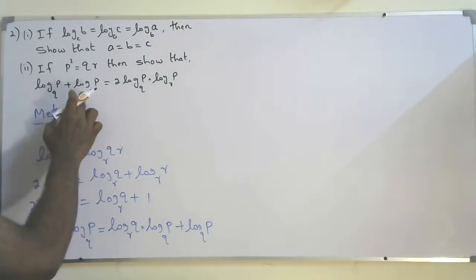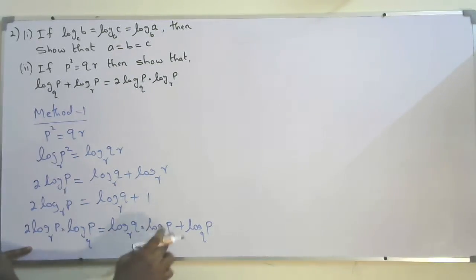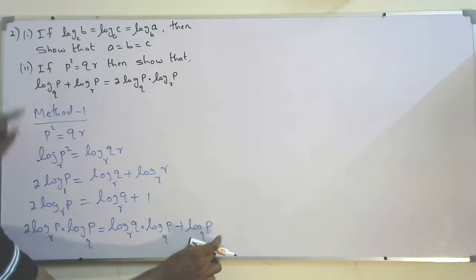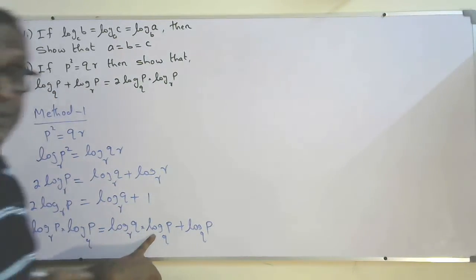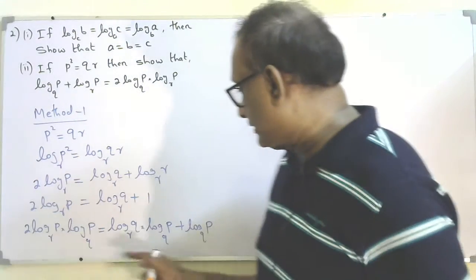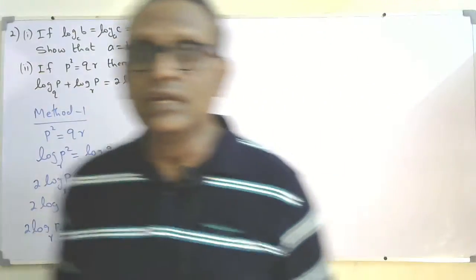Left side log R of P is there, but log R of P is not here, but log Q of P is there. So only thing I'm going to convert this one, but here the log R of P is there. So I'm going to convert this to base R. I'll convert this to base R, we'll see.